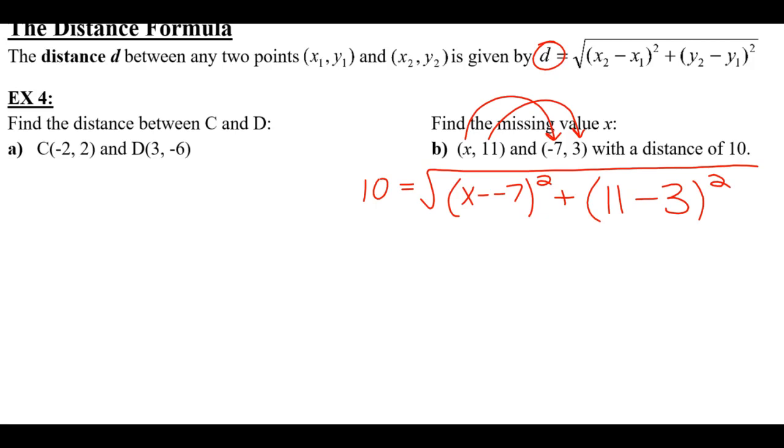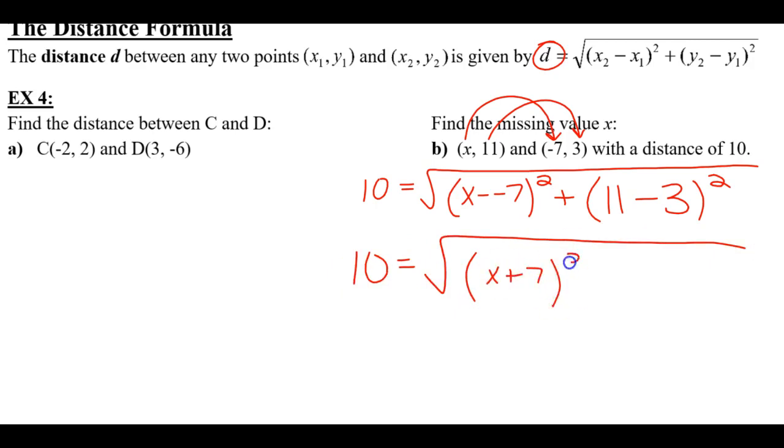Okay, now let's simplify what we can. So obviously we know 10 equals the square root of, what's minus a negative? What is 11 minus 3? Squared. Yeah, so we can go ahead and simplify that to a 64.